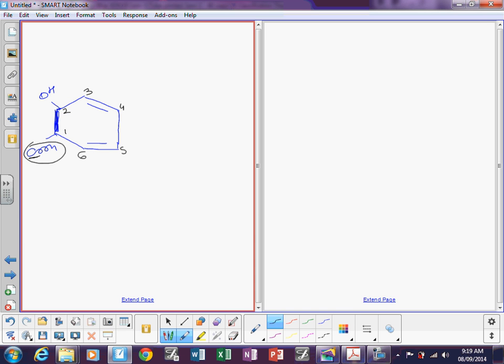See, obviously this is 2-hydroxy, then we have cyclohexa-3,5-diene, 1-carboxylic acid, not oic acid, since we could not count this carbon, so it becomes carboxylic acid. If you could count that, then we could use only oic acid. But in a cyclic compound normally you won't be able to count it. It will be out of the chain.